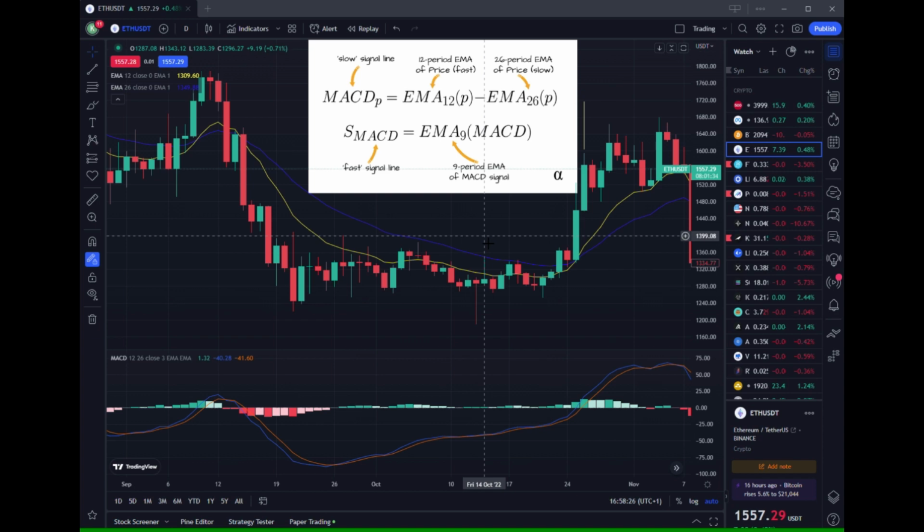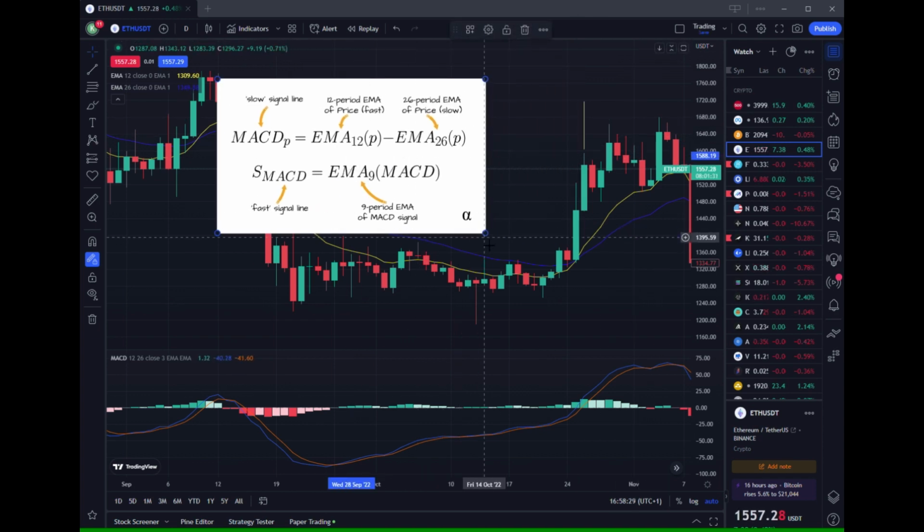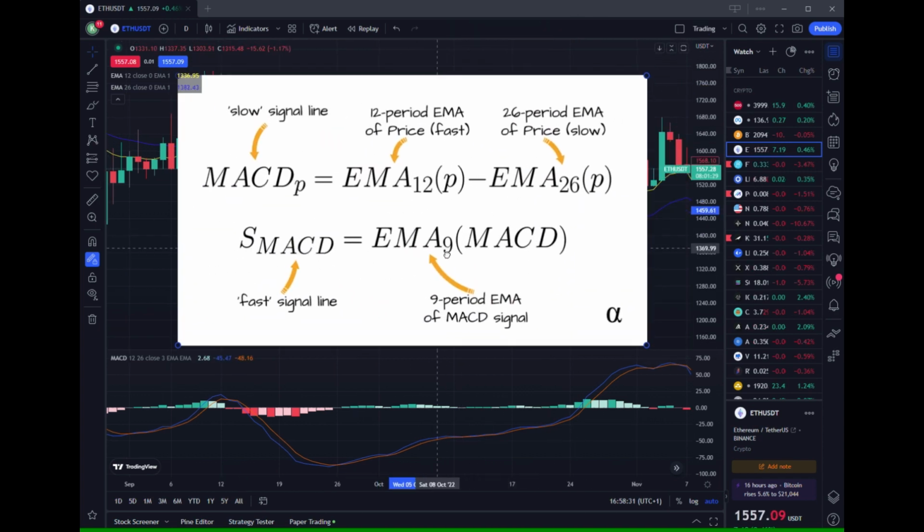So the MACD is basically, this is the formula. You will have the exponential moving average of 12 days and the exponential moving average of 26 days, and subtract that, right? Now this is the MACD line.